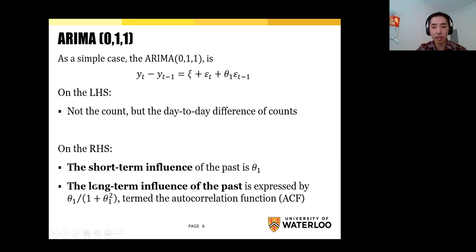And the long-term influence of the past is expressed by this quantity, still in terms of theta 1. And this term, you will see it again, is sometimes termed the autocorrelation function. Our goal is to fit our data into the model, find the best model, and then get these estimates of the parameters.